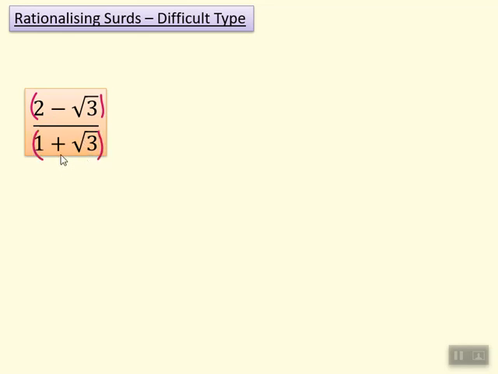When you see two terms being added or taken away on the bottom of a fraction and you're asked to rationalize it, and one of them is a surd, it's really simple. We're going to times top and bottom, just like before, but we're going to times top and bottom by 1 take away root 3. So you look at the bottom of the fraction, whatever sign is in the middle, you switch it, so it's a minus, and we times top and bottom by 1 take away root 3.